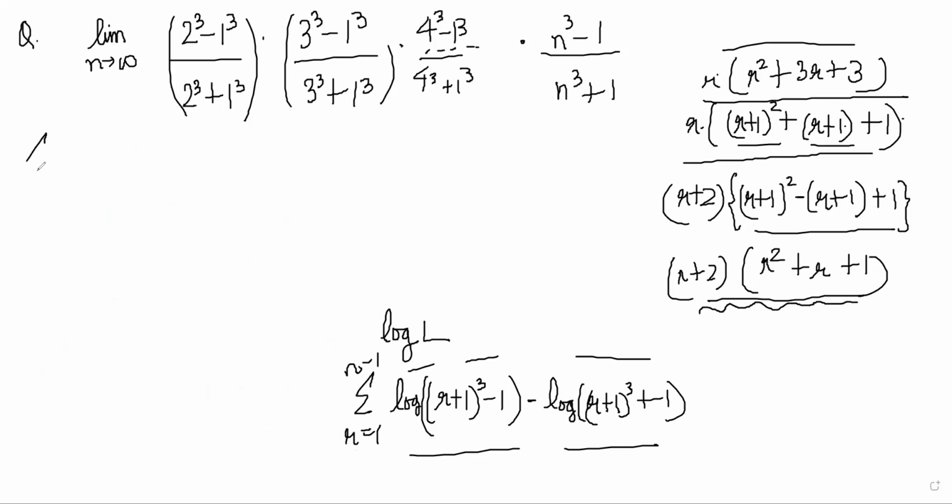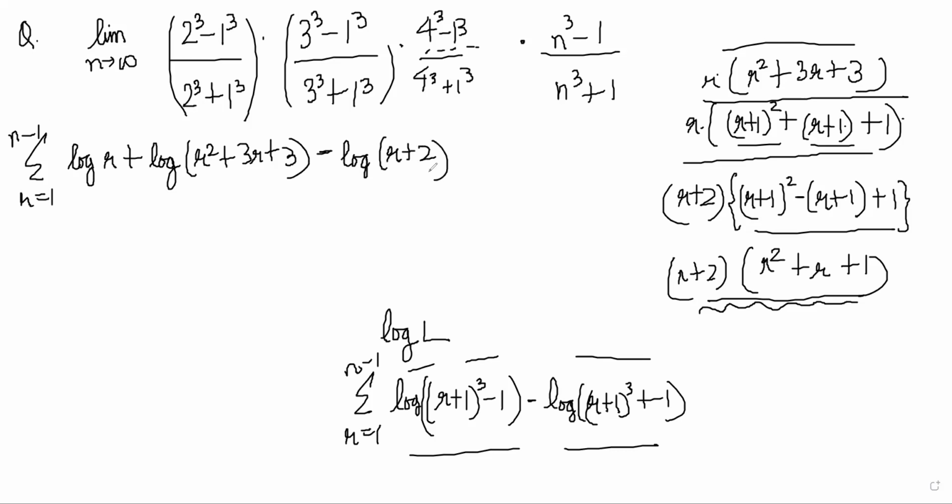You will get summation of r is 1 to n minus 1 log of numerator part is log r plus log of r square plus 3r plus 3 minus log of r plus 2, right? Minus log of r square plus r plus 1, right? This is what we are getting, and we have to do limit n tends to infinity also here.